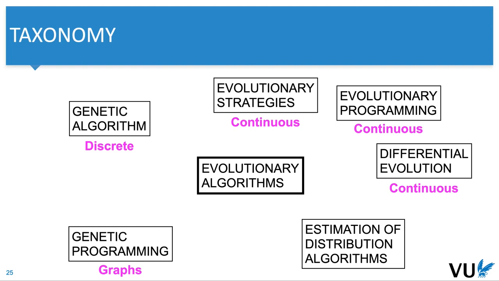The one outlier is estimation of distribution algorithms. I also asked Gusti about it, and he said that estimation of distribution is one of these methods that doesn't fit very well to this taxonomy, because these are quite generic algorithms, and they can be used in many different situations, with continuous or discrete search spaces, with graphs, whatever.